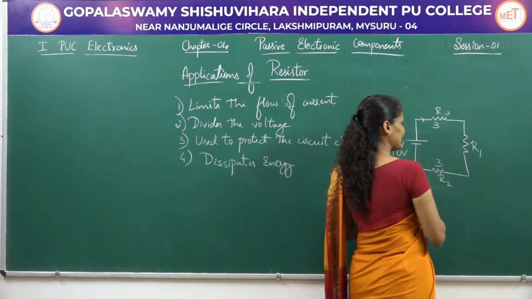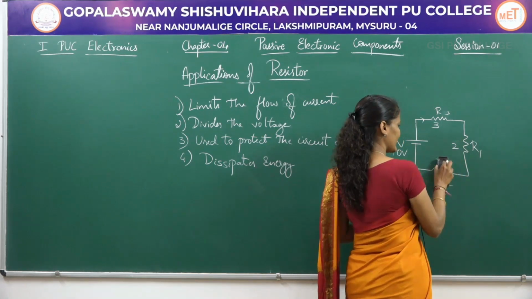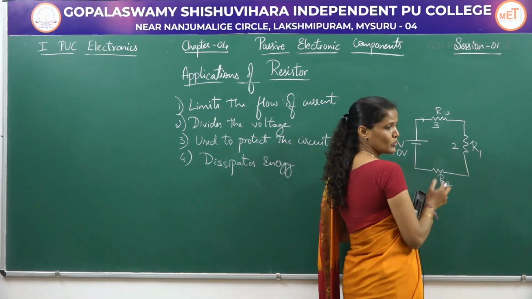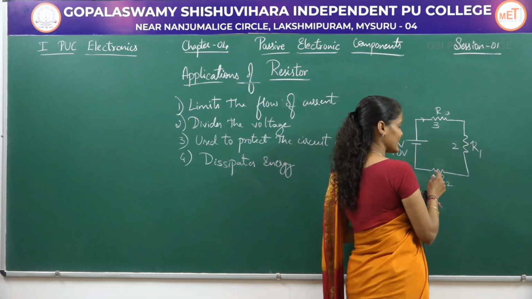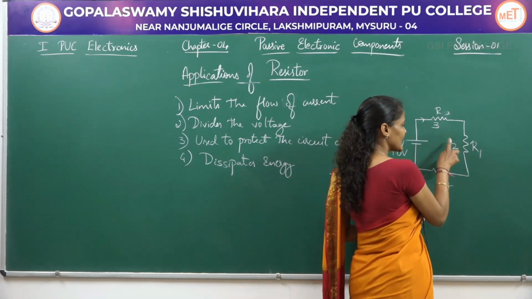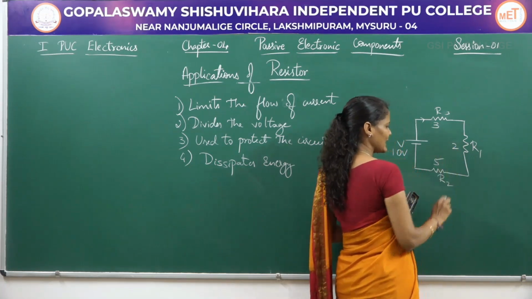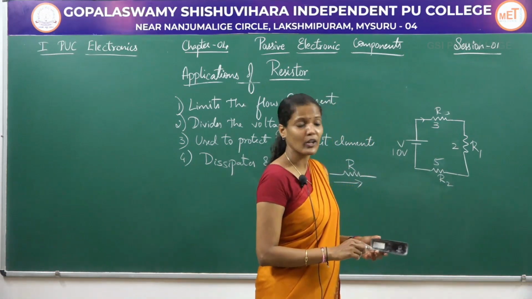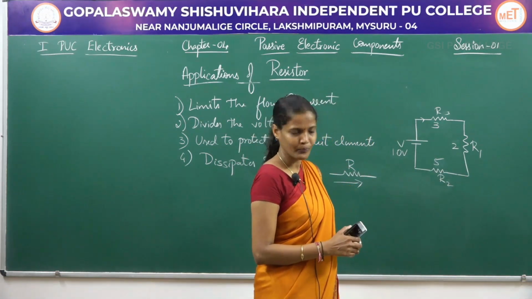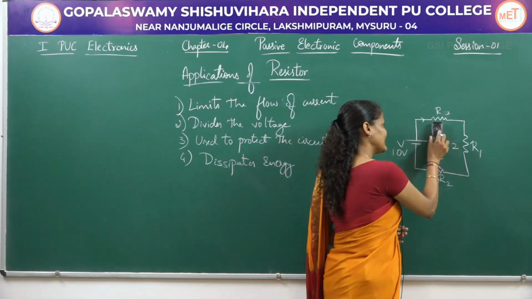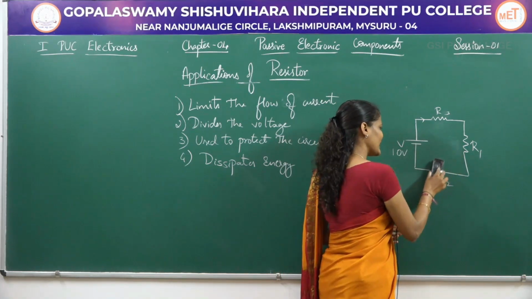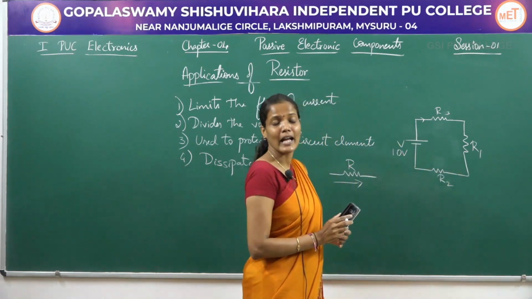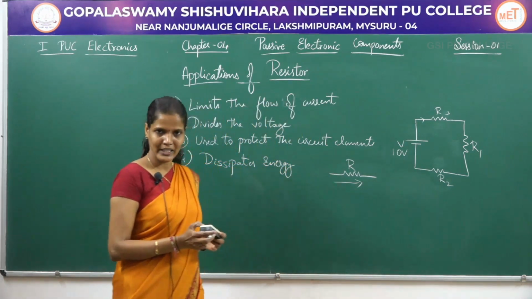Suppose this is equal to 2, the voltage dropped across 2, that is the voltage drop across the resistor R1 is 2, then 3 plus 2 gives me 5 and the remaining 5 volts have to be dropped across this resistor R2. So the sum of all these voltage drops must be equal to the voltage whatever I am applying with the help of a voltage source.